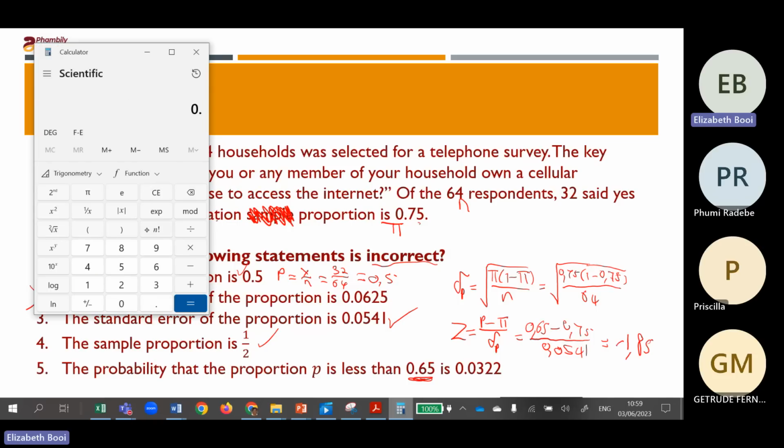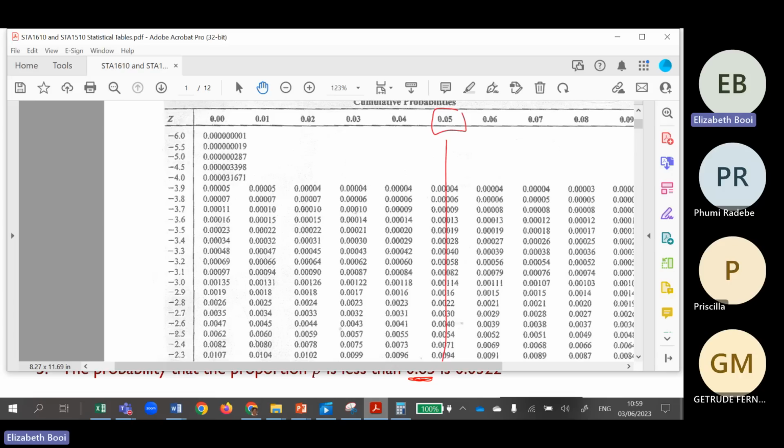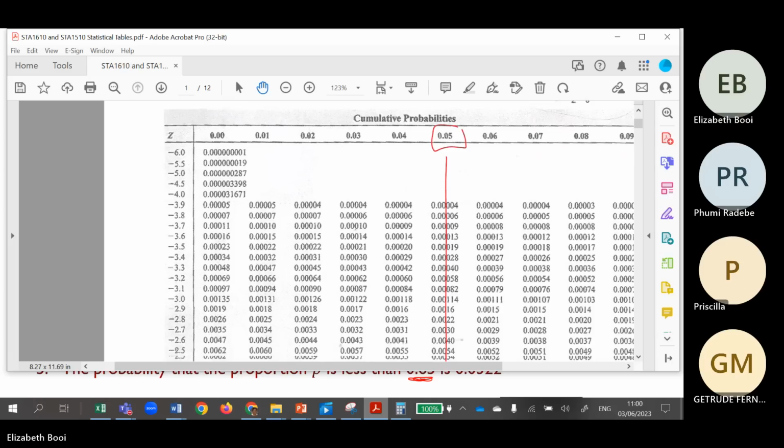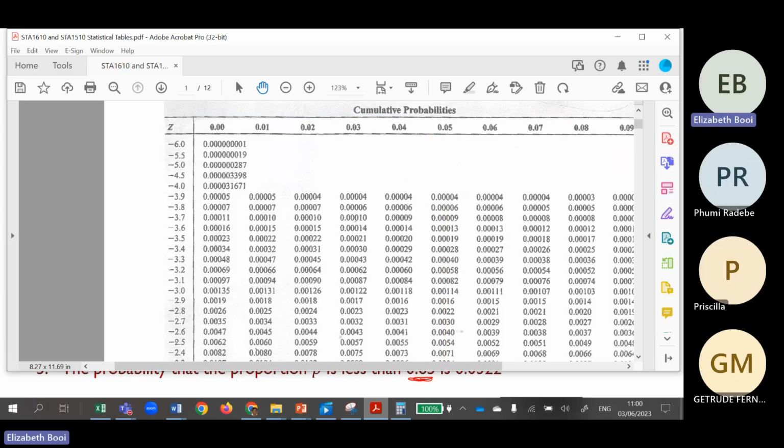It's 0.65 minus 0.75 divide by 0.0541 equals. Because we need to keep only 2 decimals, so it's minus 1.85. So minus 1.85 will be the last one at the top.